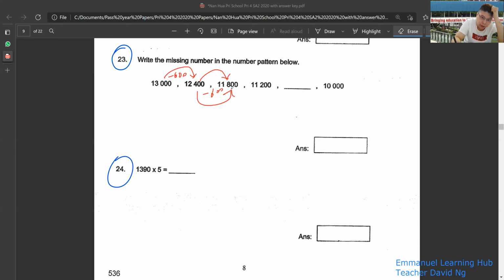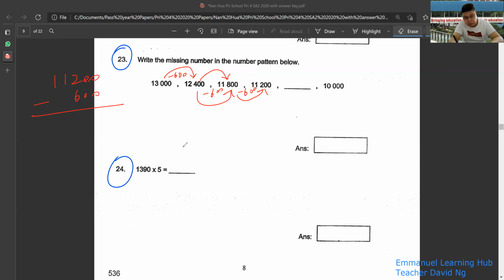So minus 600 again. So what is this number here? How to find this number? Minus 600. Which number minus 600? 11,200 minus 600.